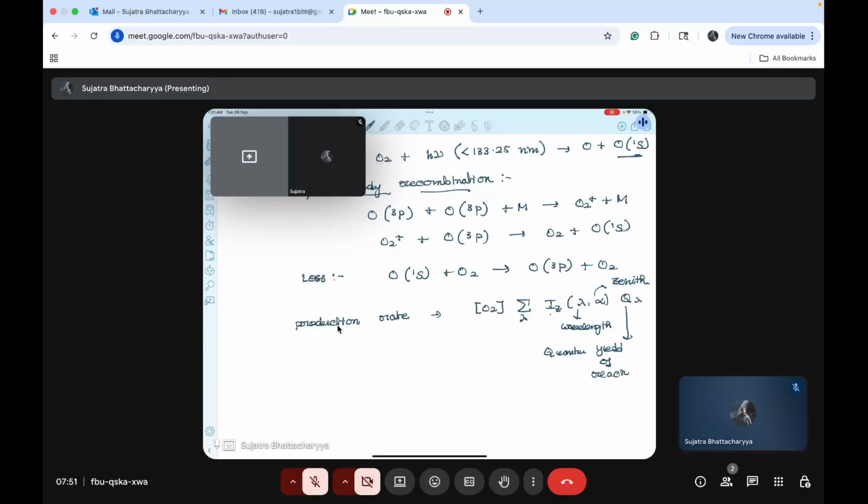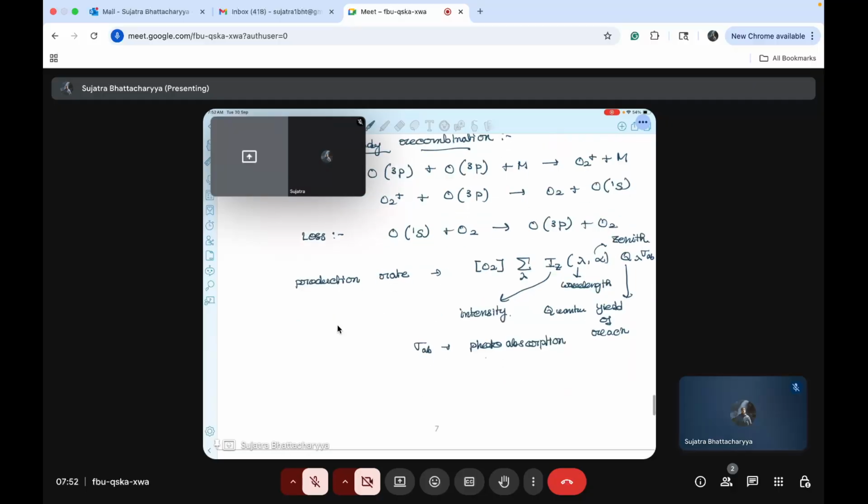Iz is the intensity, and this is multiplied by sigma AB, which is nothing but the photo absorption cross section.